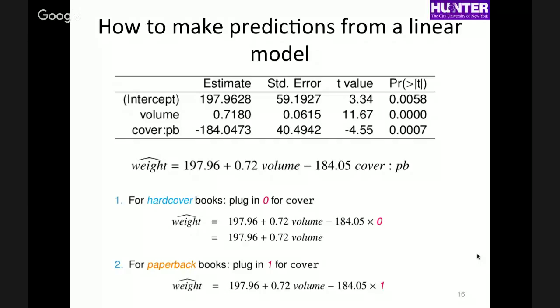Whereas in a logistic regression, those would be odds ratios. And if you have two different variables, each with an odds ratio of 3, so you have one that is cover paperback and another one that is, I don't know, encased in gold or something. If it is both, you would multiply them.